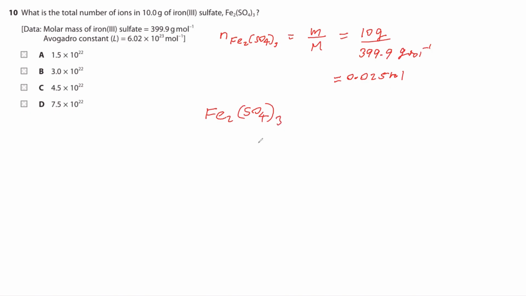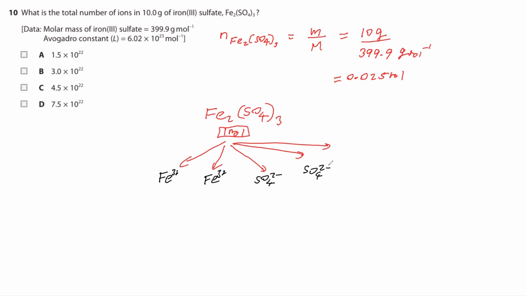Remember, if you have one mole of Fe2(SO4)3, how many ions do we have? If I break this Fe2(SO4)3 into ions, here we have an Fe3+ ion, another Fe3+ ion, and 3 SO4 2- ions.